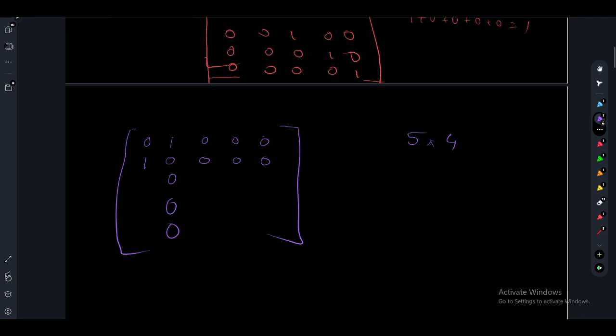Now after we put 1 in the first and second rows, I can't use 1 in these places. How many ways can I put 1 in the third row? Obviously there are 3 ways.